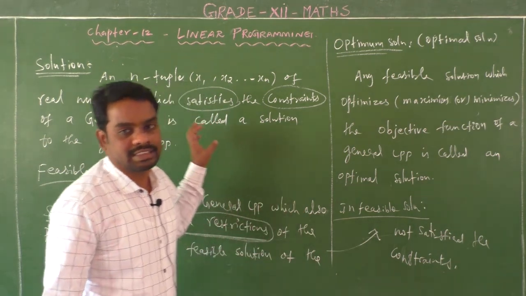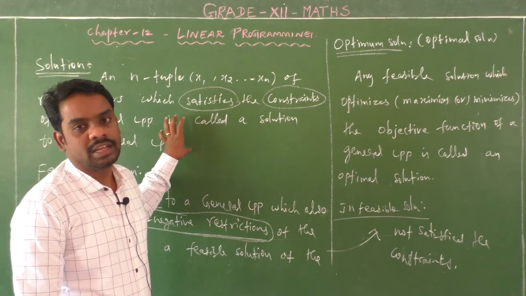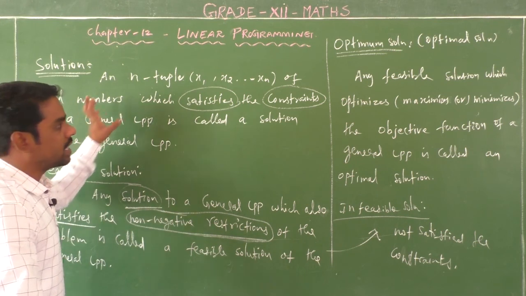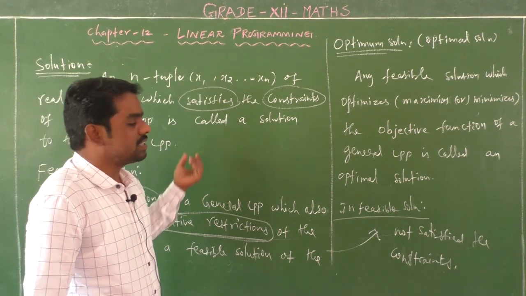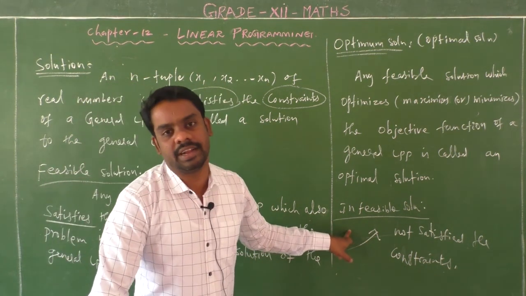If the given restrictions and constraints are satisfied, that is a feasible solution. Suppose the given n-tuples do not satisfy the given constraints or non-negative restrictions, that is an infeasible solution.